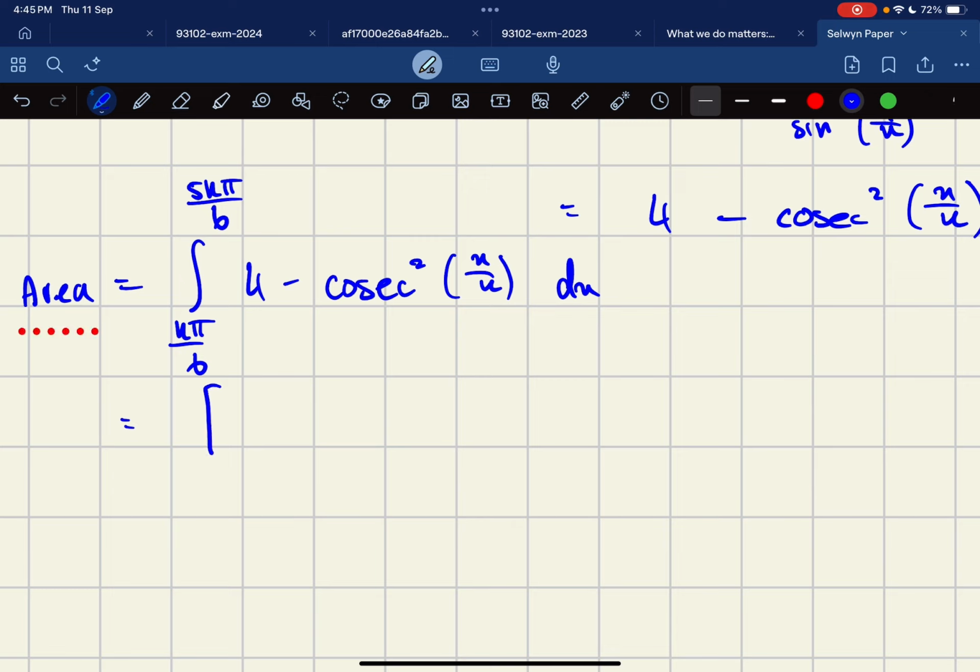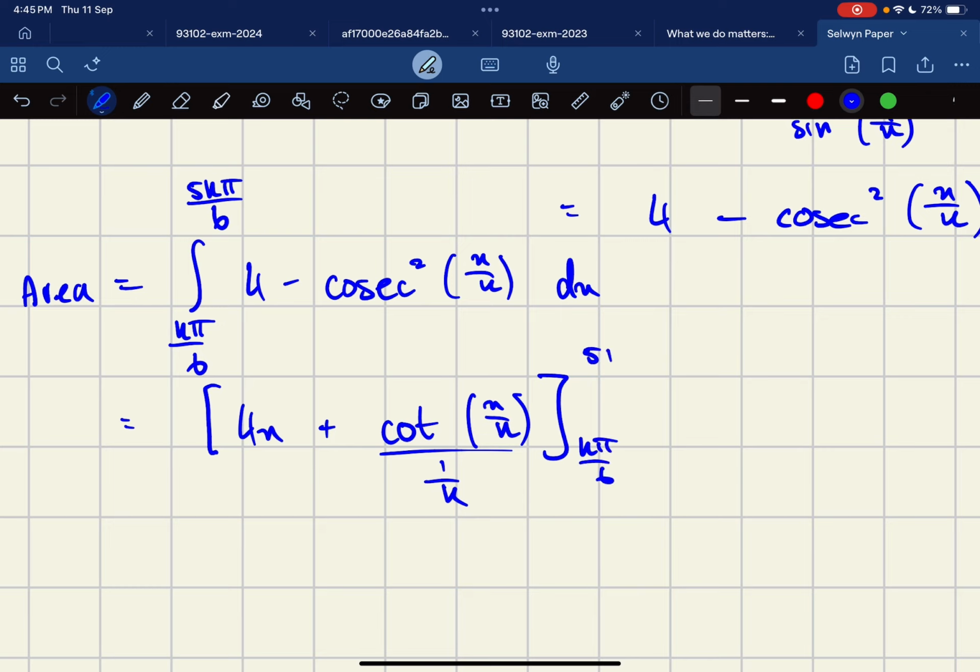And this is great because 4 just integrates to 4x, and the cosec squared we have now discovered integrates to cotangent, and it's positive cotangent as well. Positive cotangent of x over k. But then using the reverse chain rule, you have to divide it by the derivative of the inside function as well, which is over 1 over k, from k pi over 6 to 5k pi over 6.